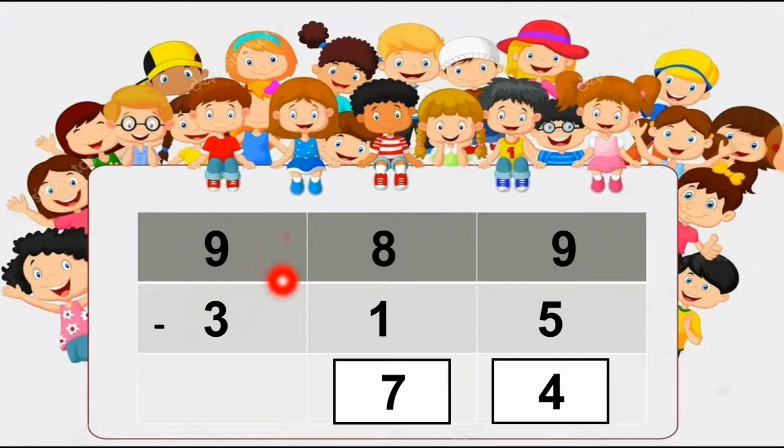Check again whether the bigger number is at the top side. Yes, it is. We can easily take away 3 from 9. So 9 minus 3 is equal to 6. So the answer of this sum is 674.